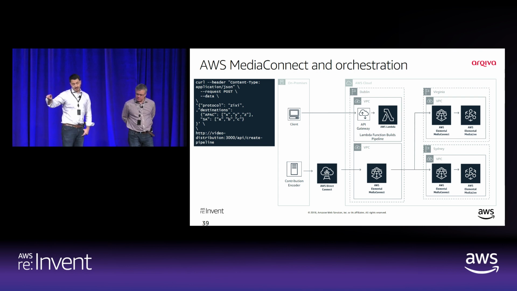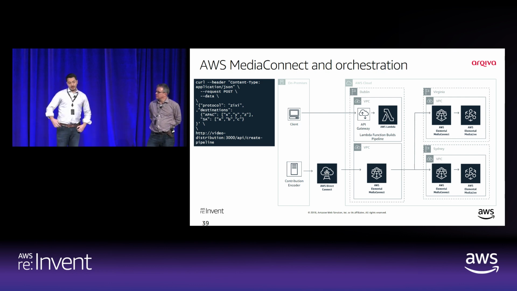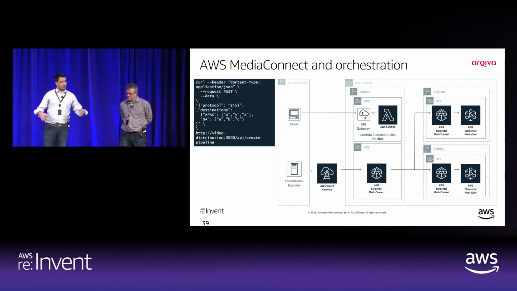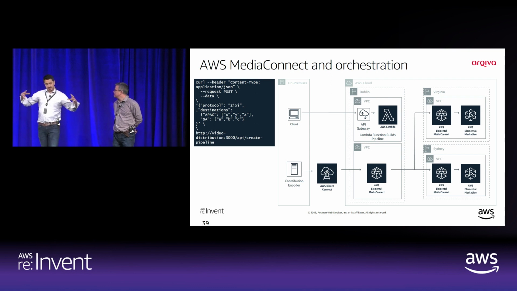It configures MediaConnect in Virginia and Sydney, creates those flows, configures the AWS Elemental MediaLive to do transcoding as close to the customer as possible. But then it can also do things like configure your CloudFront dashboards so that your operations staff have metrics. It can configure your contribution encoders back on premise. So what you're doing is taking all of these things, tying them together so that your service is automated.